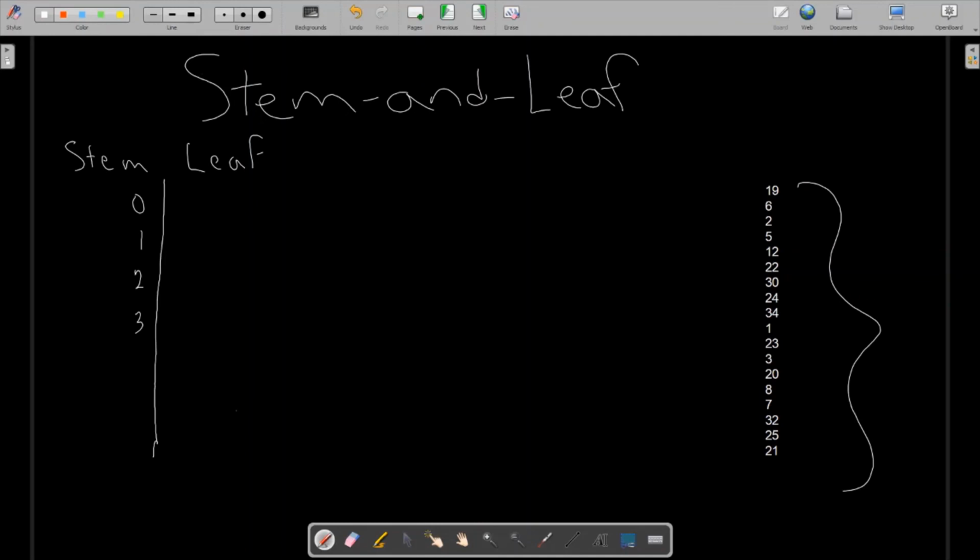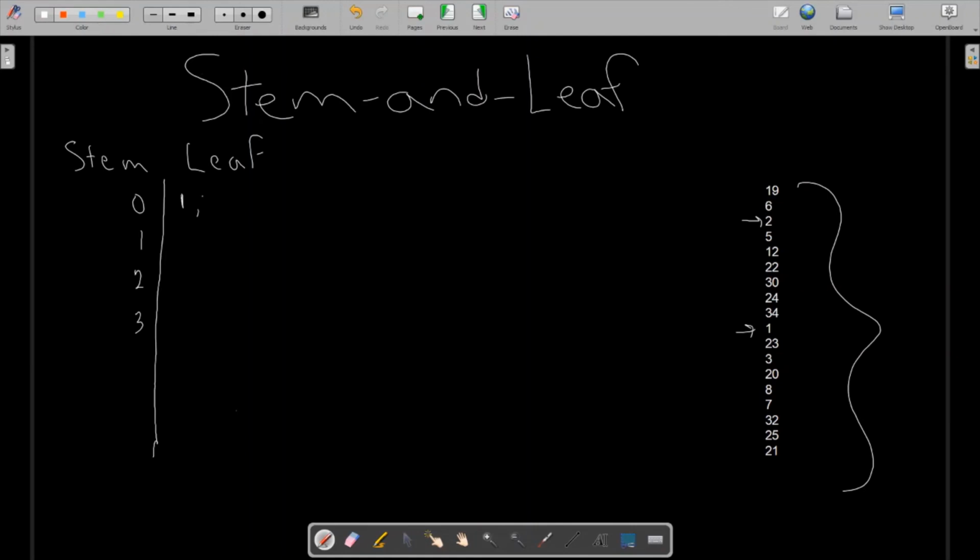And now the leaf is where we look at each value and put it in order from smallest to largest. Starting here, our smallest value in this data set is actually 1. That is the leaf of that data point, so we draw it in. Stem 0, leaf 1. Now, we also have a value where the stem is 0 and the leaf is 2.